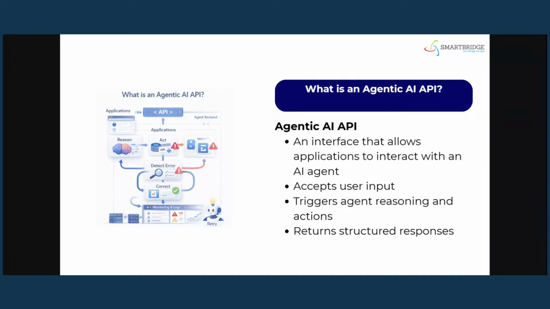Guys, do you have any idea about API? Please let me know in the Q&A.